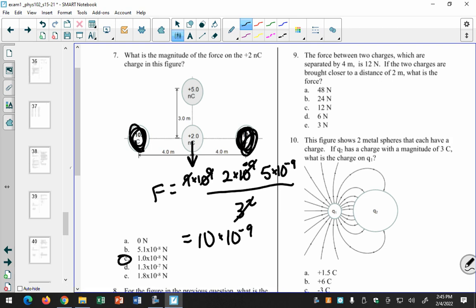So if you encounter a problem that looks like it's really complicated, it's probably not. That's usually true with my tests. If you understand those basic principles, and there aren't that many, forces, fields, and potential, if you understand those 3 basic ideas, there are some offshoots, of course, and you need to know how to manipulate the equations.